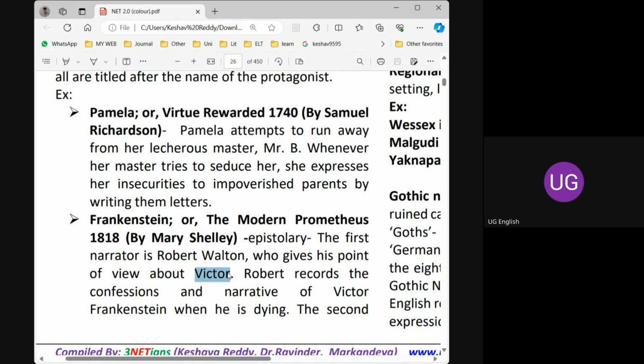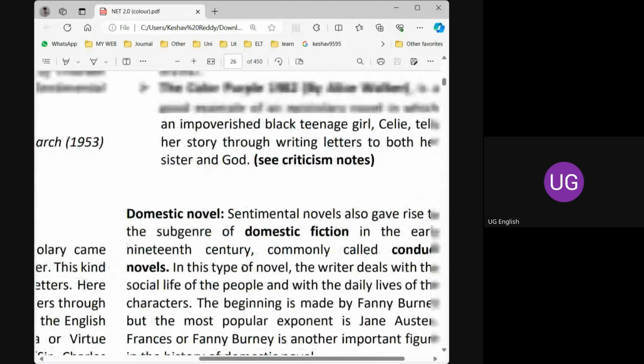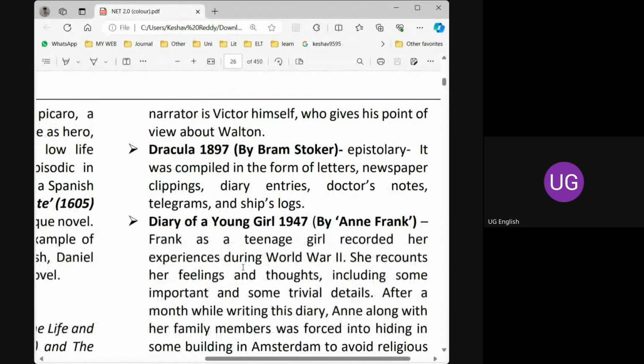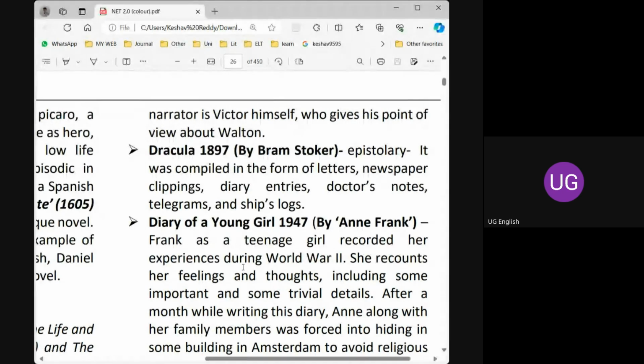The full name is Victor Frankenstein, and this Victor kills his master, who has created him. And this is the first type of scientific novel, one of the early scientific novels, and it's an epistolary novel. And very important, everyone should know the name Dracula.